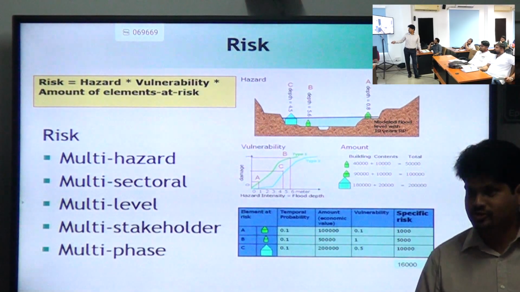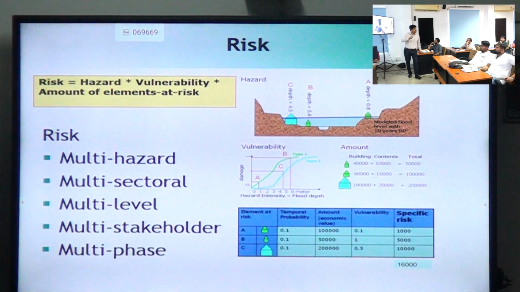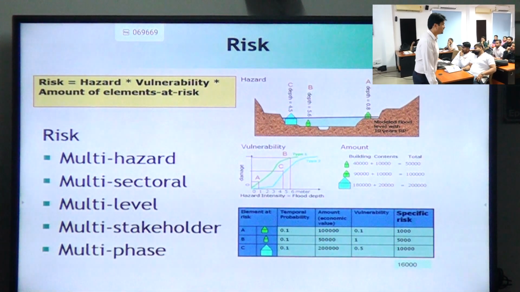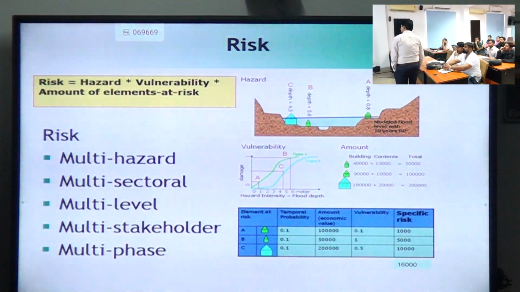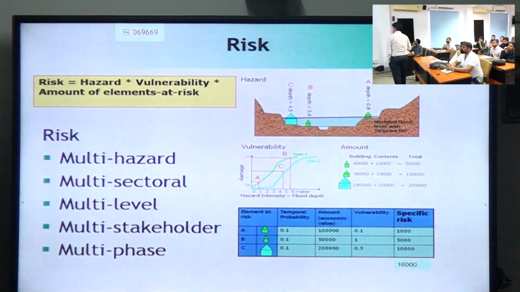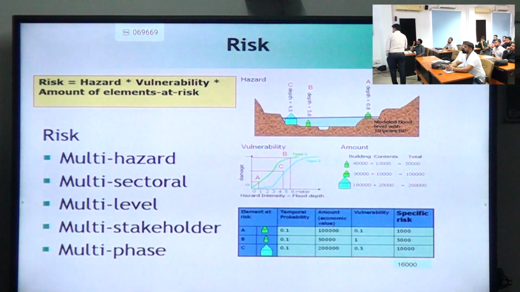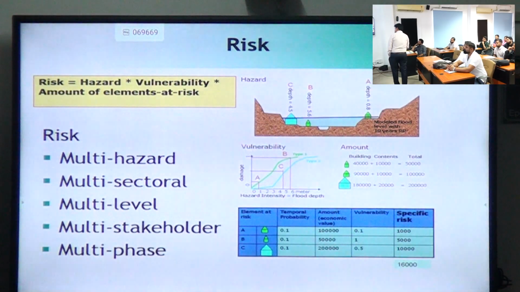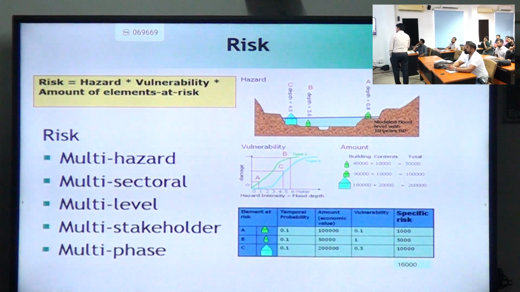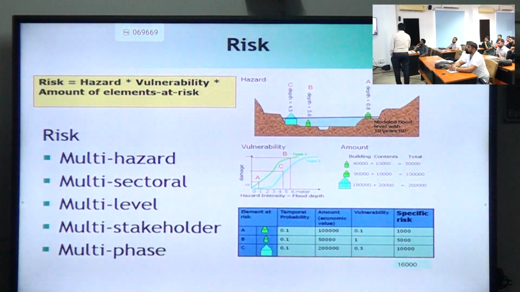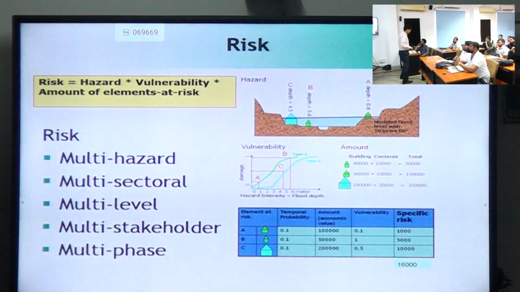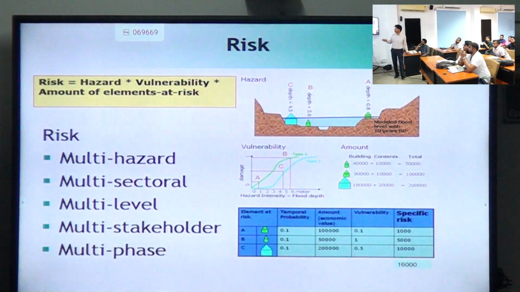Vulnerability, when you carry this out, is separate, right? Vulnerability would be, I said, depending on the asset value. Coming to this particular scenario, let's say this is the flood scenario that we are calculating. Let's say we are calculating about a 100-year flood return.